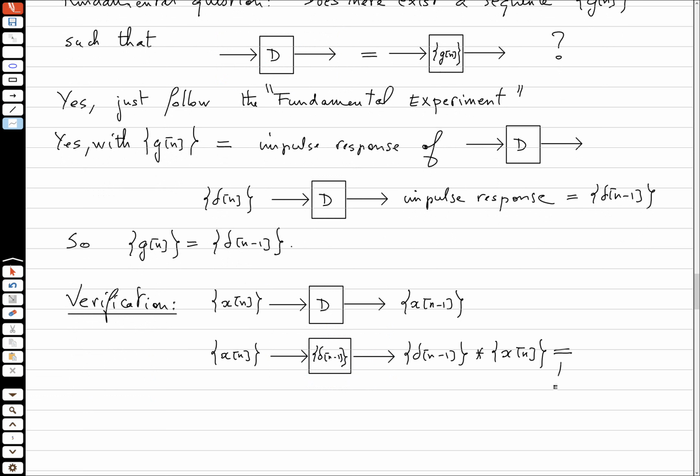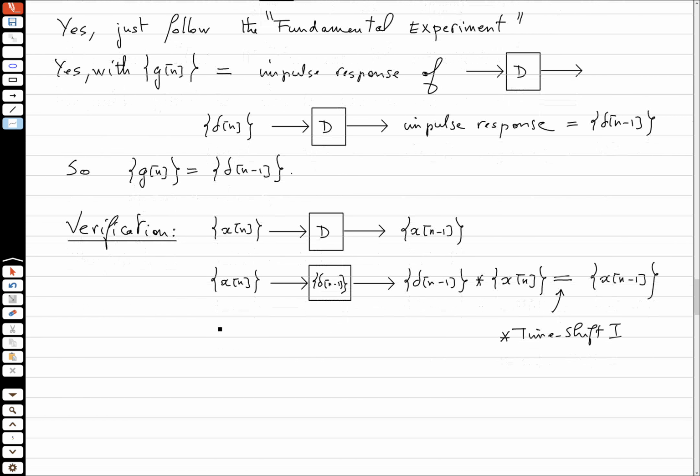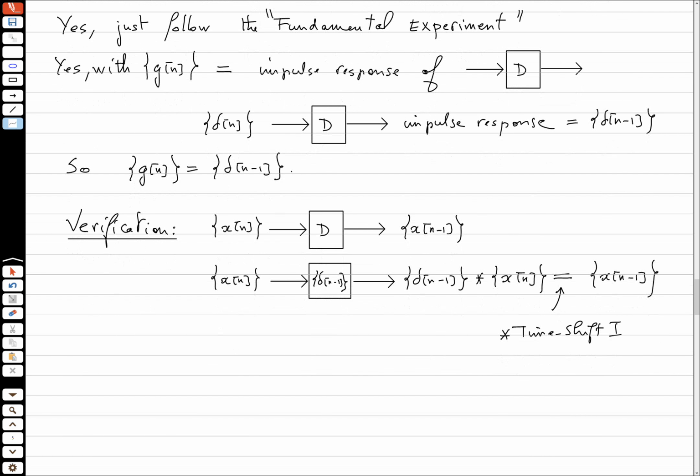What property gives you this? Time shift 1. Yes, now it's coming. But we didn't need to do this verification. I'm doing this for those of you who couldn't understand the general reasoning. From the general reasoning, we knew already it would be the same thing.